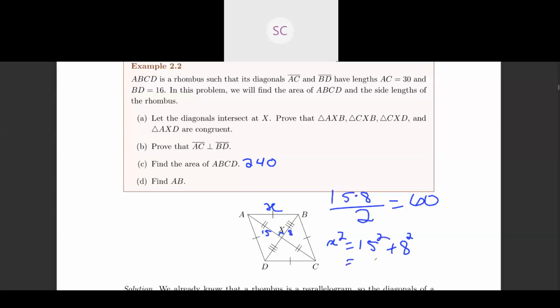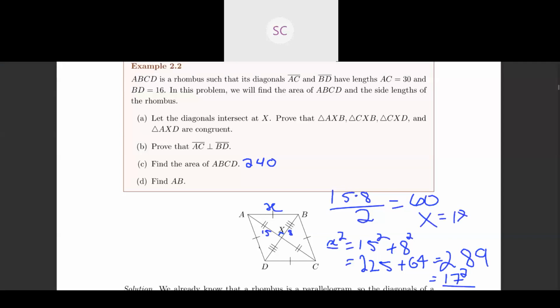If you know your squares, or you could just multiply this out, it's equal to 225 plus 64, and this is equal to 289. Luckily for us, this is a square. I believe it is 17 squared. Yeah. And now we're given x squared is equal to 17 squared, so x is equal to 17.